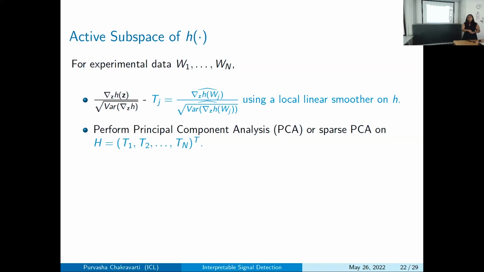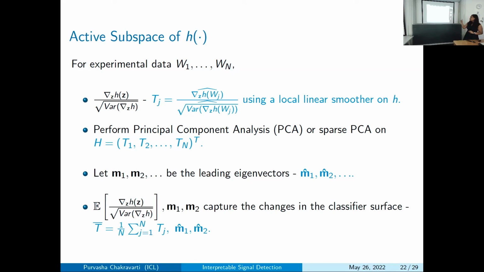You could also perform sparse PCA if you wanted sparser eigenvectors. The eigenvectors tell you the directions along which the surface changes the most, right? So that, along with the mean gradient, captures exactly what's happening to the classifier surface overall.